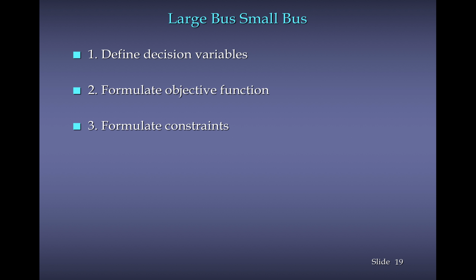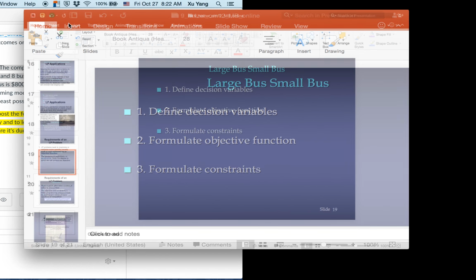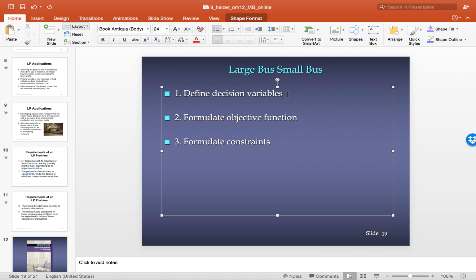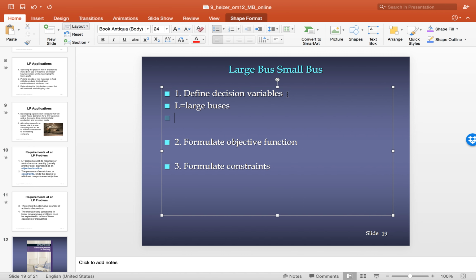So you can go ahead and write down the decision variables. The decision variables will be small bus, large bus. We can go ahead and use L to represent number of large buses, and we can use S to represent number of small buses.